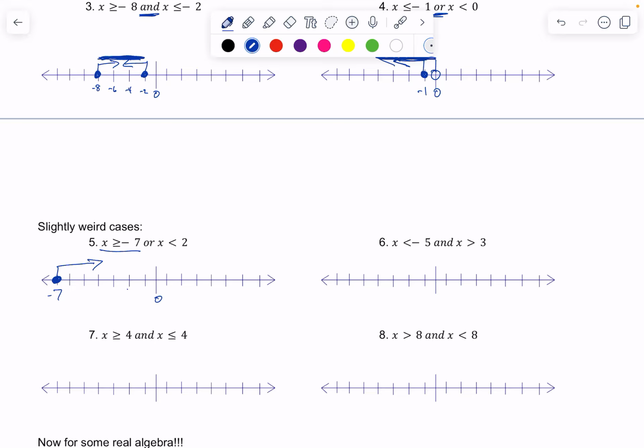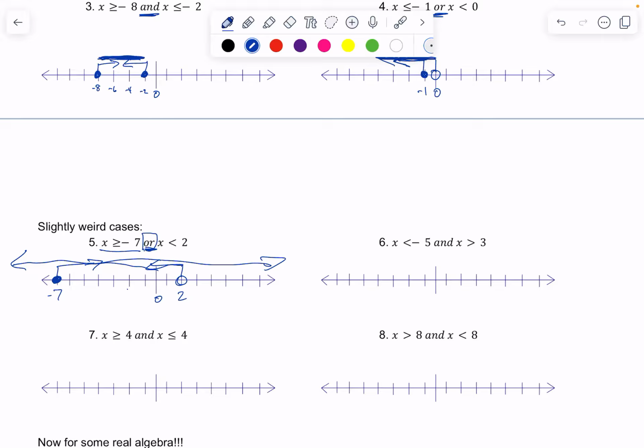Over here, we're at 2, and I have x is less than 2. What makes this a slightly weird case and amusing is this goes on forever, and this one goes on forever. Given that it's an OR statement, that means as long as one of them is satisfied.